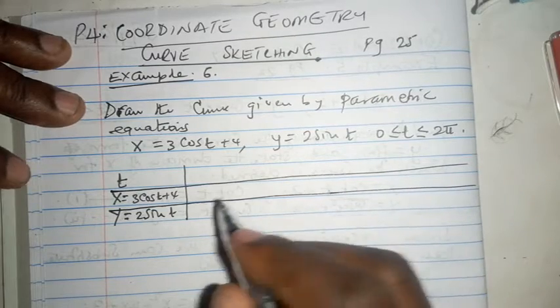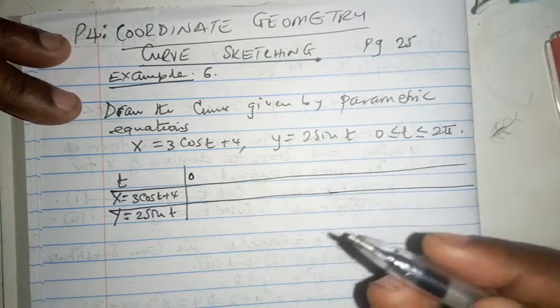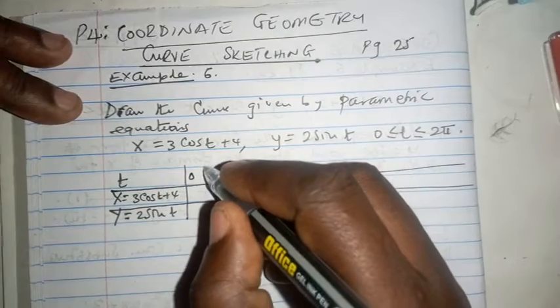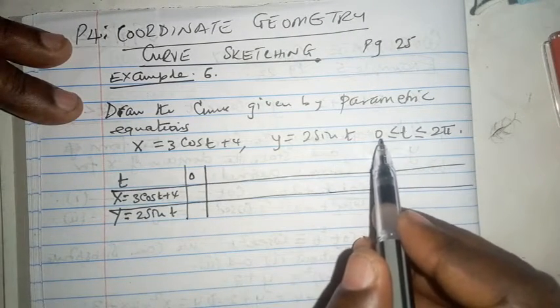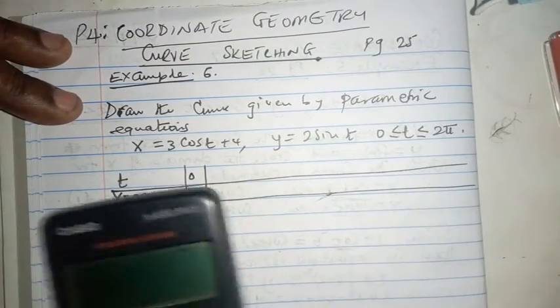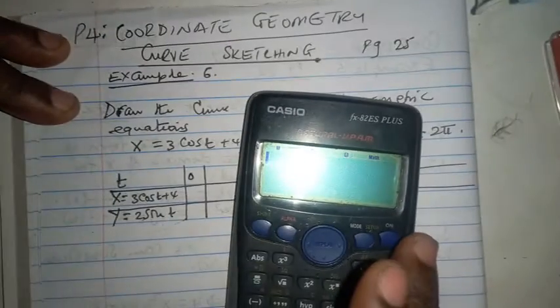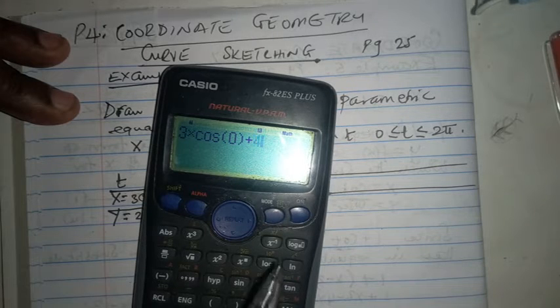Remember, one secret we have identified is to have as many intervals of x as possible. So let's talk about t being 0, because 0 is the lower limit and it is inclusive. What is the value of x? 3 cosine 0 plus 4. 3 times cosine 0 plus 4.